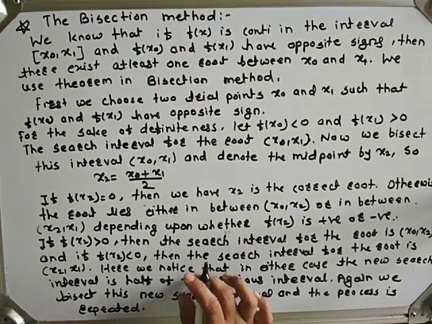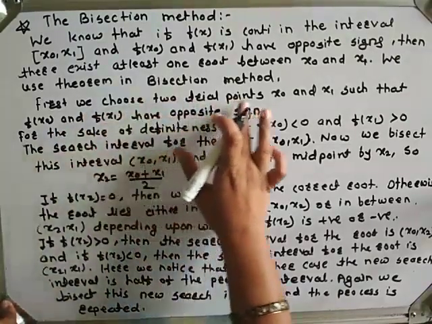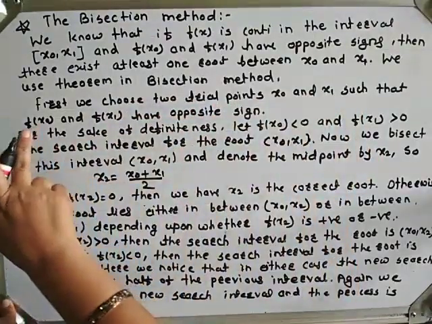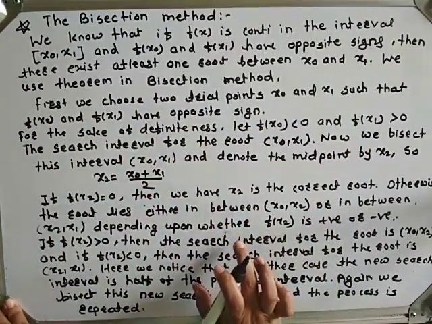See here, in the bisection method, first we have to choose two trial points x0 and x1 for which f of x0 and f of x1 have opposite signs.